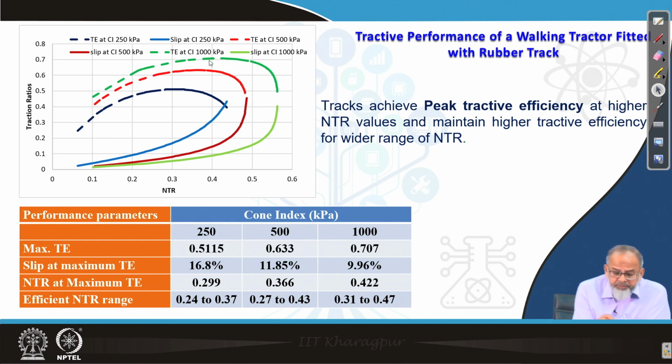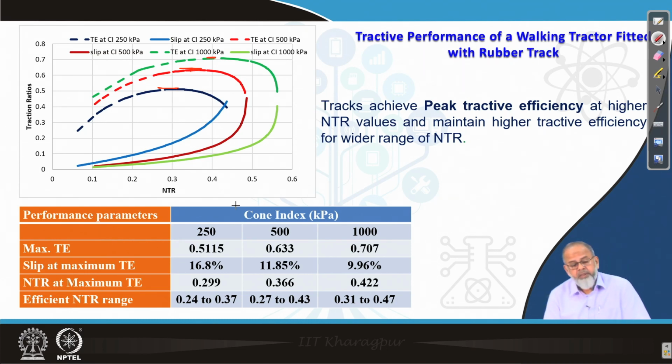If you look at the peak value, it is somewhere here in hard soil, in case of medium soil it is somewhere here, and in case of soft soil it is somewhere here. That means the maximum NTR we are getting is 0.3 in case of soft soil. In case of medium soil it is 0.36, 0.37 like that, and in case of hard soil it is beyond 0.4.